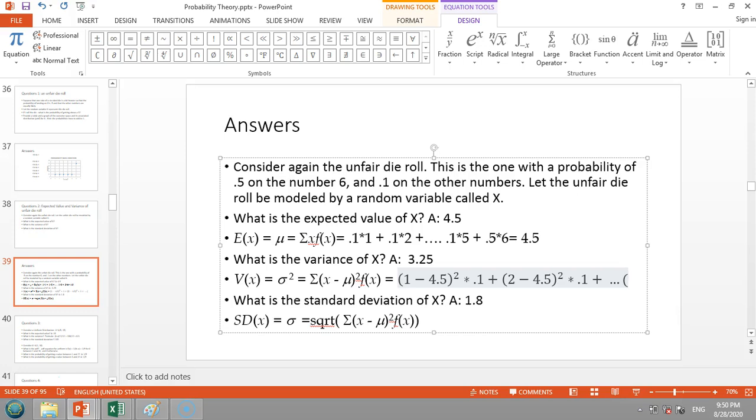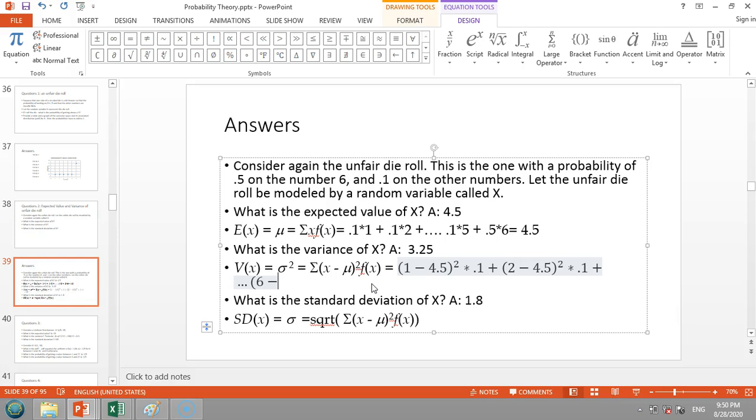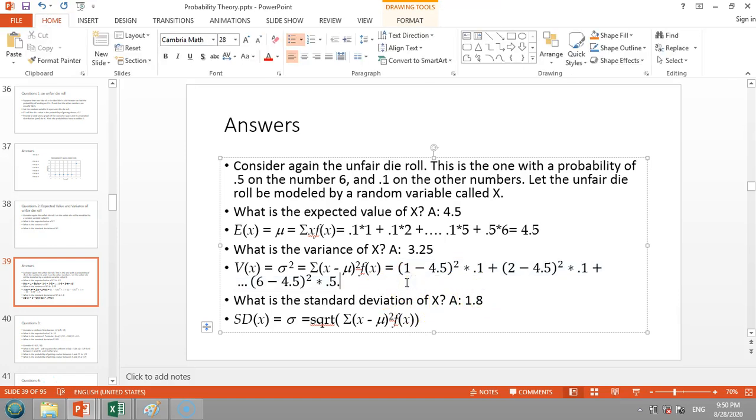And now what is the last one? 6 minus 4.5 squared times 0.5, because it's the highest probability. Okay, like this. Then I computed it already. You can double check this with a calculator. It should be 3.25. And this 1.8 is just the square root of 3.25.